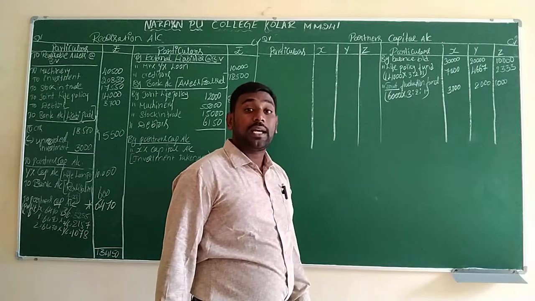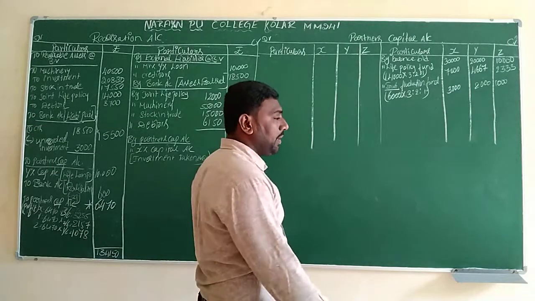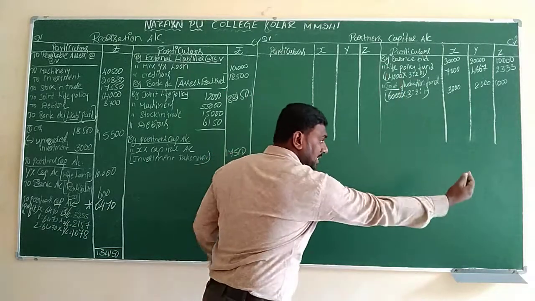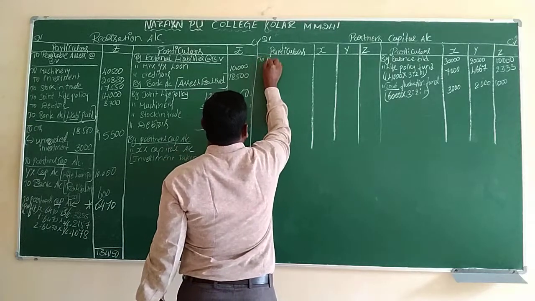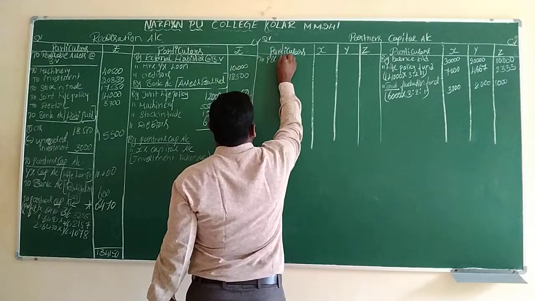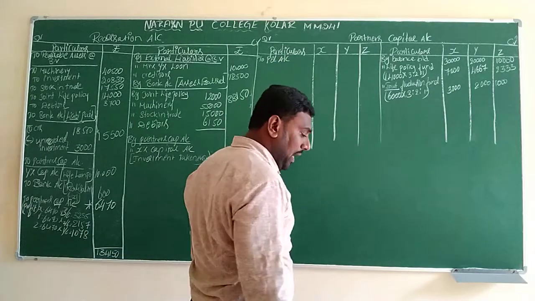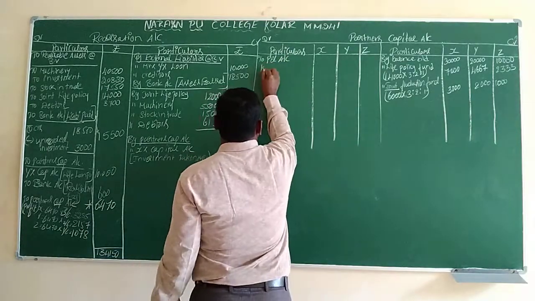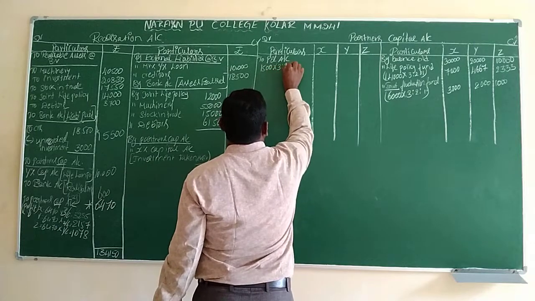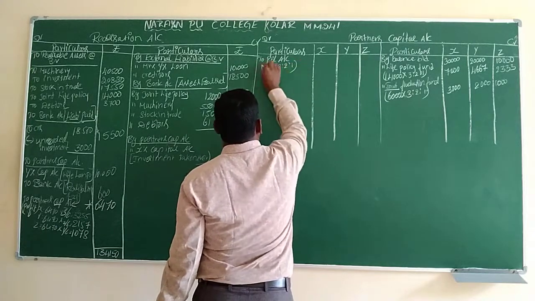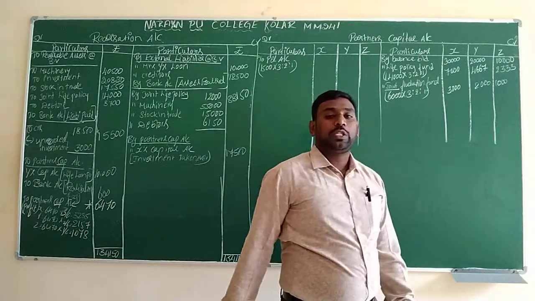But in the asset side, one more value they are given, that is profit and loss account. In the previous balance sheet, right hand side is there. Now we have to write left hand side. So, we will write to profit and loss account. Value they are given in the balance sheet, that is 1,500 into 3:2:1.